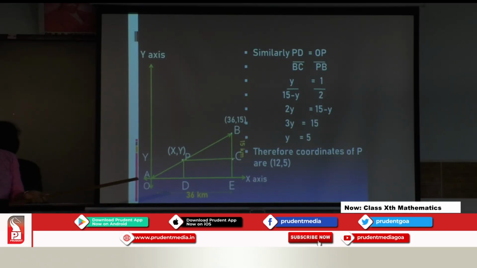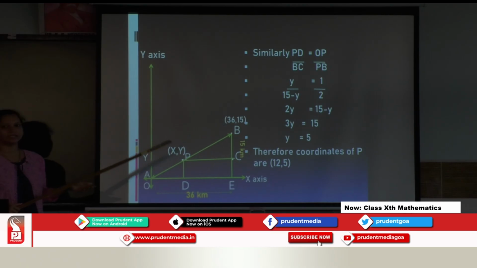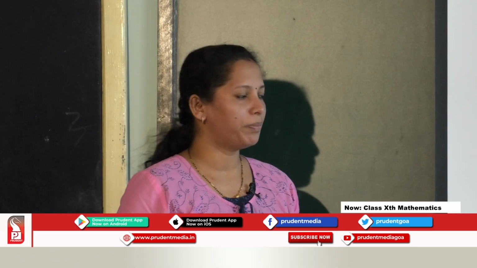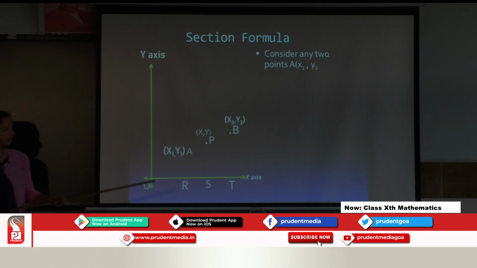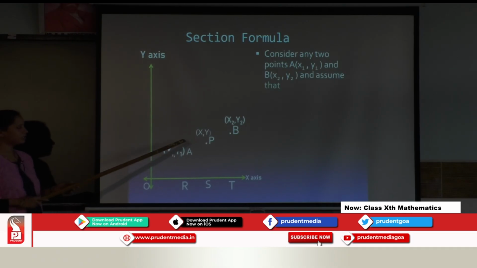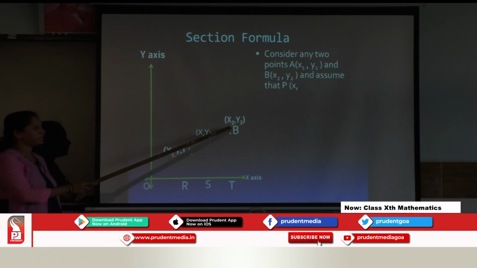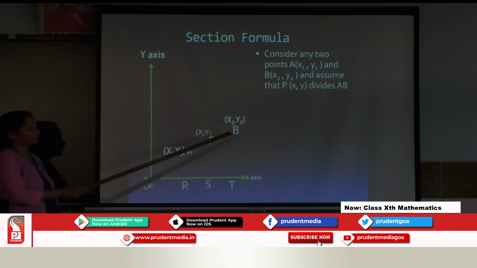So now we have to use this understanding which we have developed through this example to obtain the general formula, that is the section formula. So here we have the 3 points A x1 comma y1, P x comma y and B x2 comma y2.